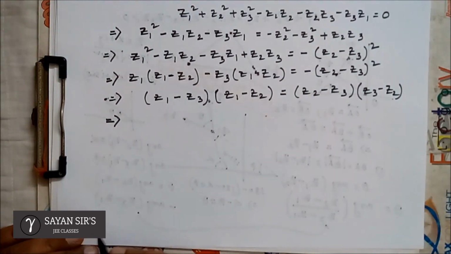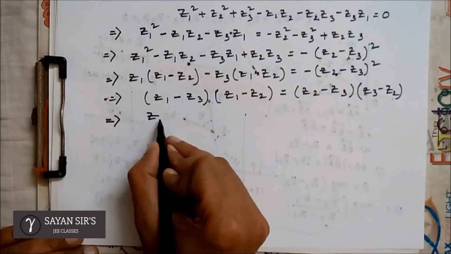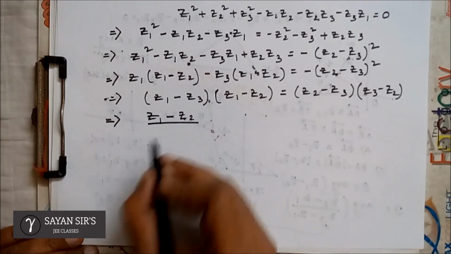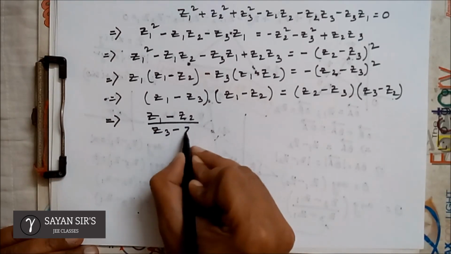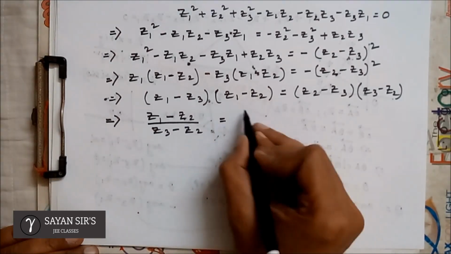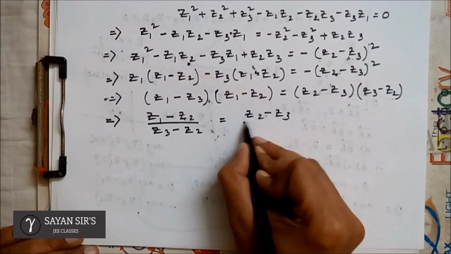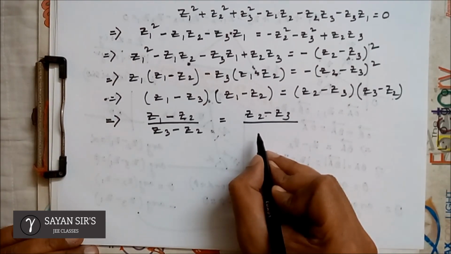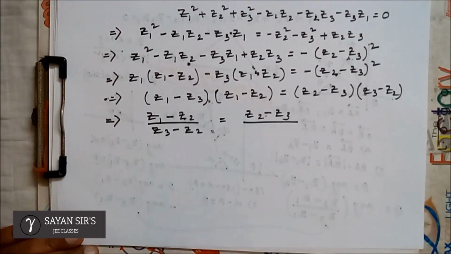So this can be written as (z1 minus z2) divided by (z3 minus z2) equals (z2 minus z3) divided by (z1 minus z3).